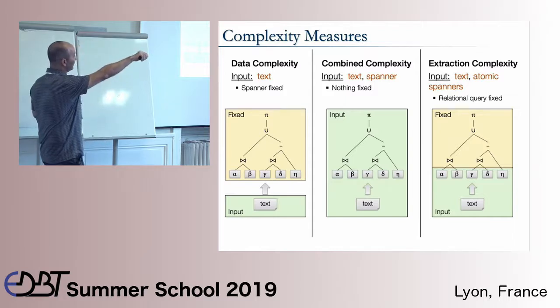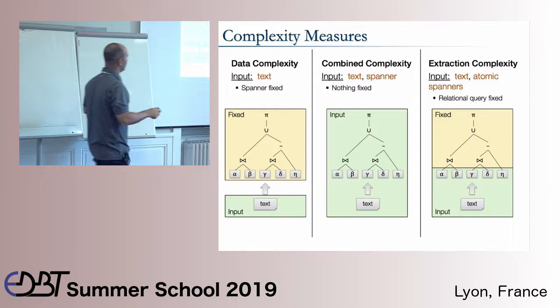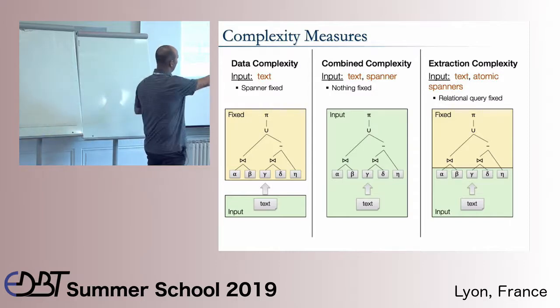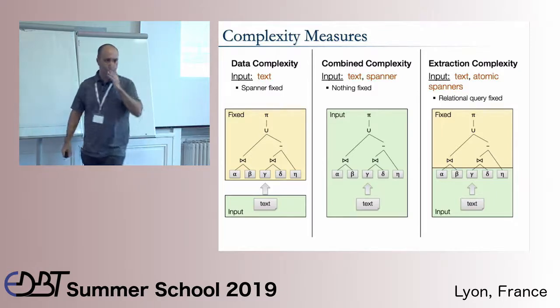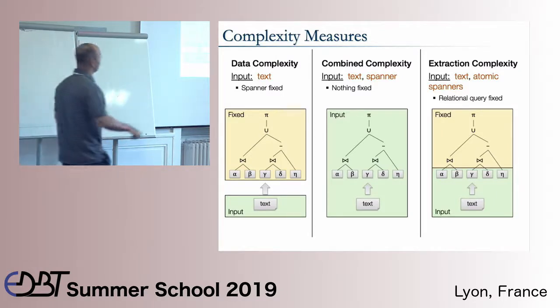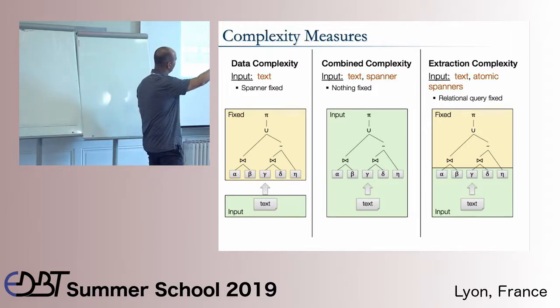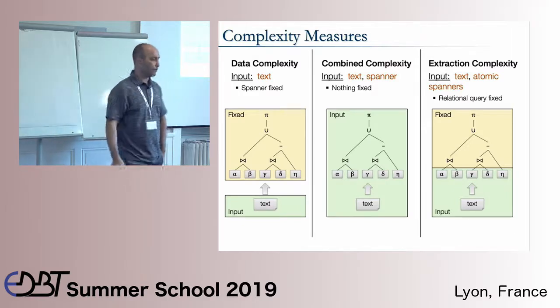The relational part is fixed, like it's a join followed by a union followed by a projection. And the input consists of the text document along with all of these queries, regular expressions, or spanner automata that you push to the document as part of the input. So this is the extraction complexity.